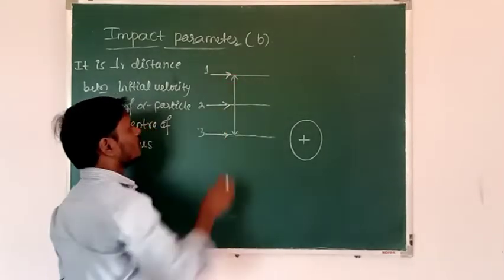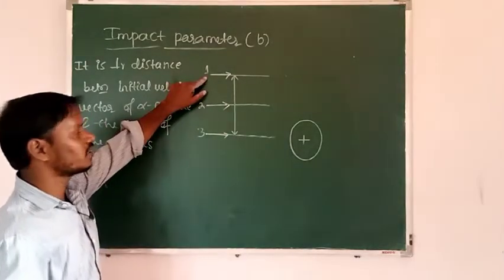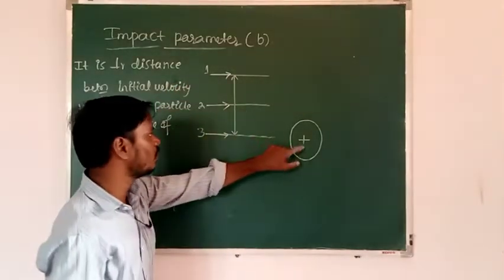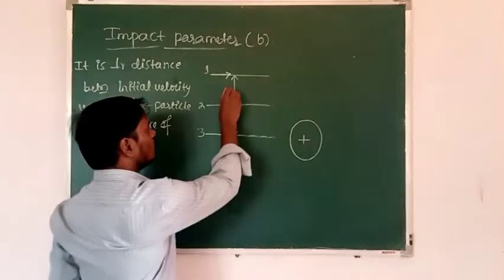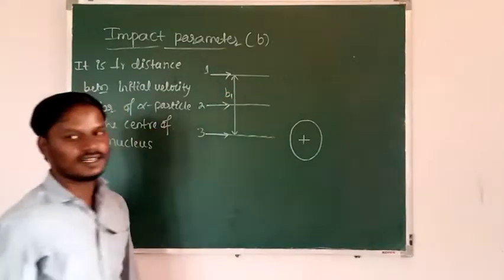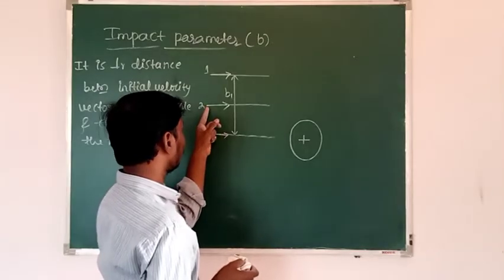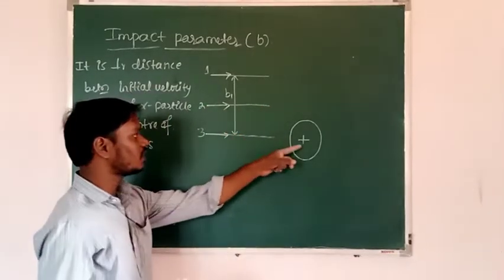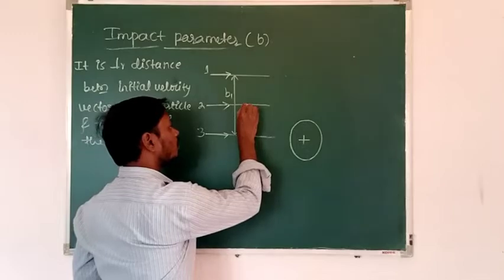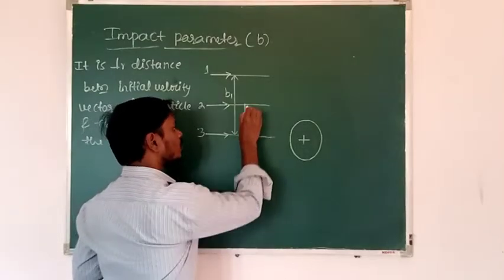For the first alpha particle, the distance between its initial velocity vector and the center of the nucleus, I'll take that as b1, and for the second alpha particle, that is b2.